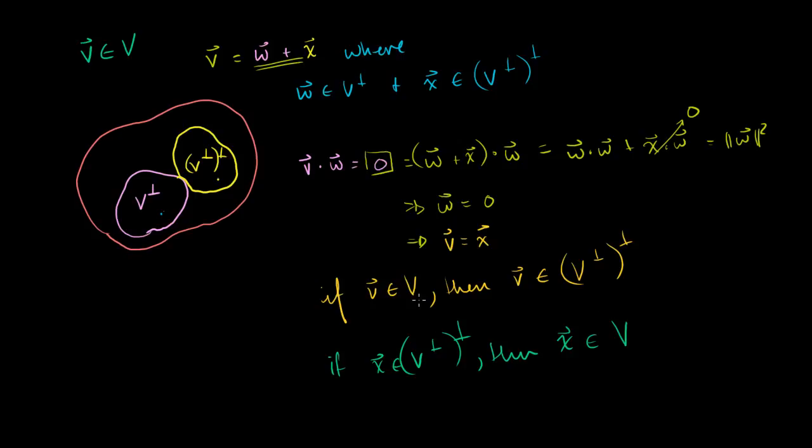So these two things are equivalent. Anything that's in the subspace is a member of V perp perp. Anything in V perp perp is a member of our subspace. So our subspace and V perp perp are the same set. This equals this. And of course it overlaps with V perp, its orthogonal complement, only at the 0 vector right there.